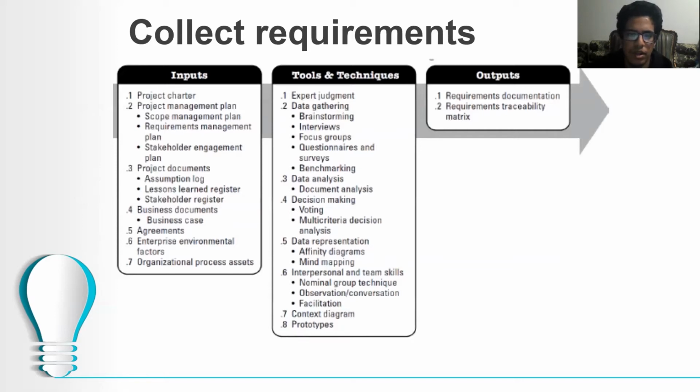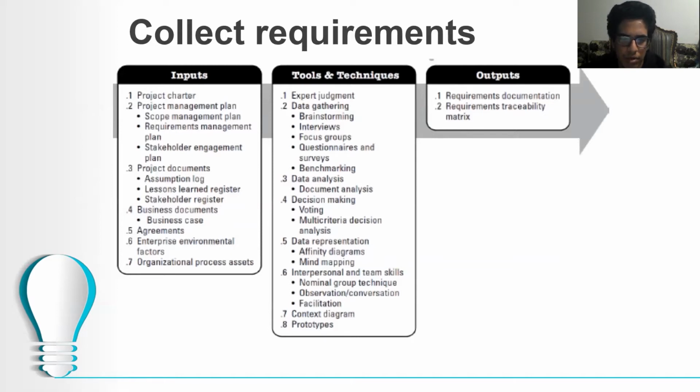The tools and techniques used here are, first, expert judgment. Second, data gathering, which includes brainstorming, interviews, focus groups, questionnaires or surveys, and benchmarking. Third is data analysis, like document analysis. Fourth, decision making. There are two ways of decision making, which are voting and multi-criteria decision analysis. Fifth is data representation, like affinity diagrams or mind mapping.